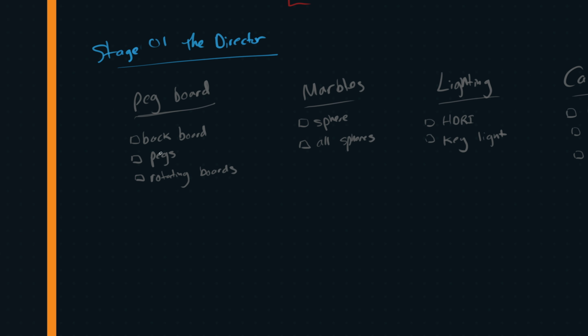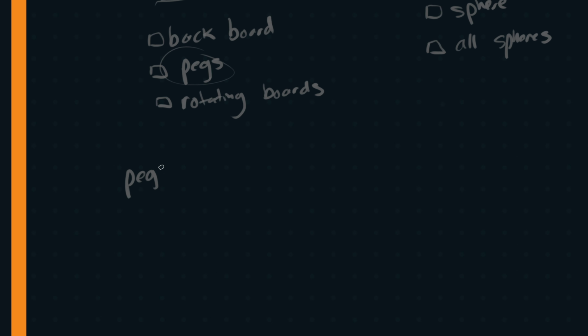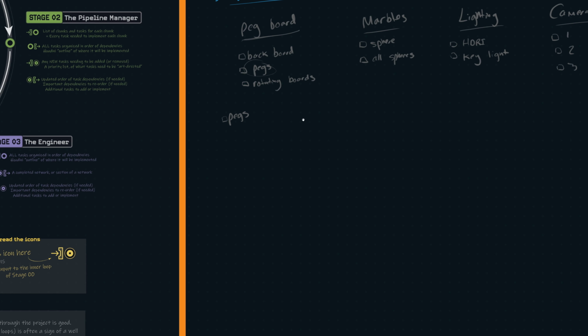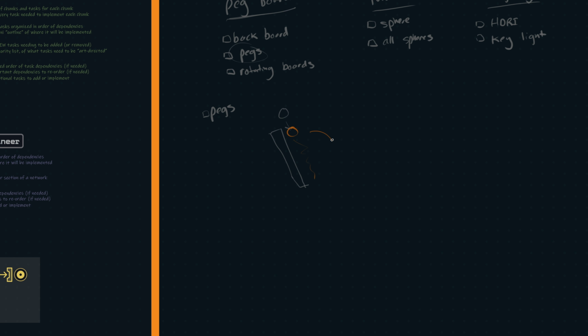What this means is, if I look at our pegs right here, and perhaps I imagine that my board is at a slant, so as these spheres fall down and become active and start bouncing around my simulation, they're not rolling off the edge here.